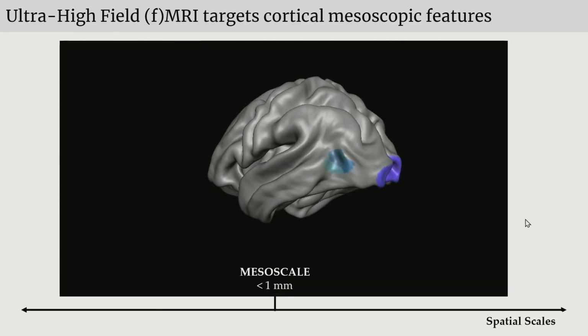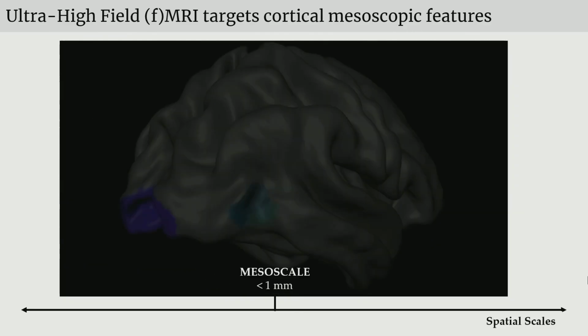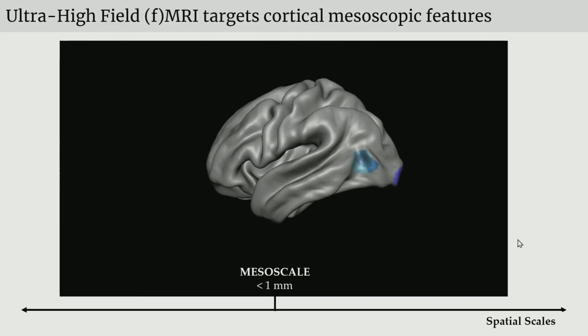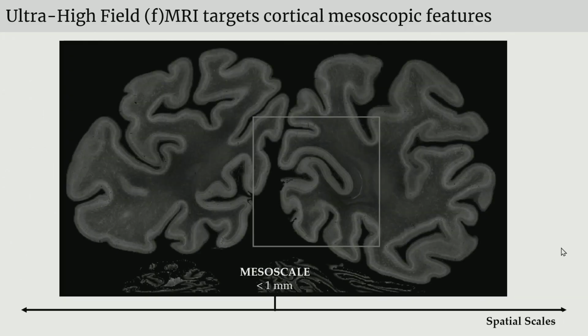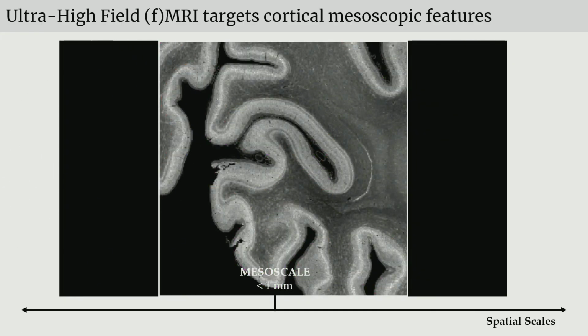So one of the most interesting scales at which we can look into the human brain non-invasively, using the strength of ultra-high-field magnetic resonance imaging, is the mesoscopic scale. And I hope that many of you here agree with me. At this scale, we can start looking into the interesting interaction across cortical areas at the level of cortical layers and cortical columns.